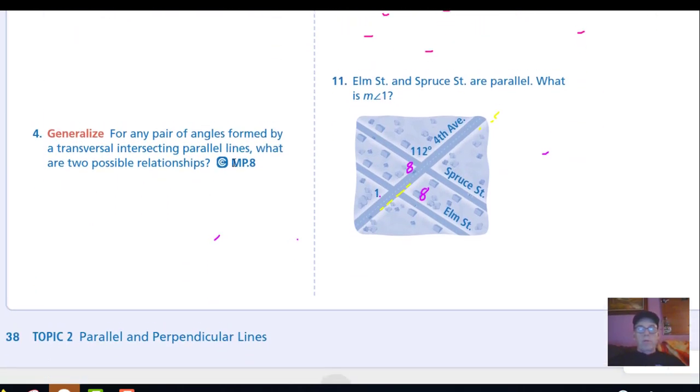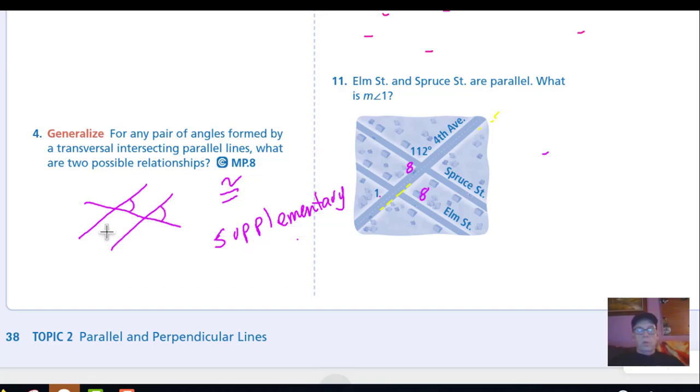Number four, generalize for any pair of angles formed by a transversal. What are two possible relationships? We've got parallel lines cut by a transversal. One relationship is that they're going to be congruent. The other relationship is that certain pairs are going to be supplementary. The congruent ones, this one and this one, this one and this one, those are the ones that are congruent to each other.